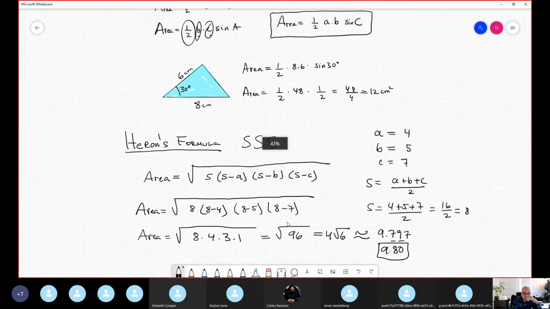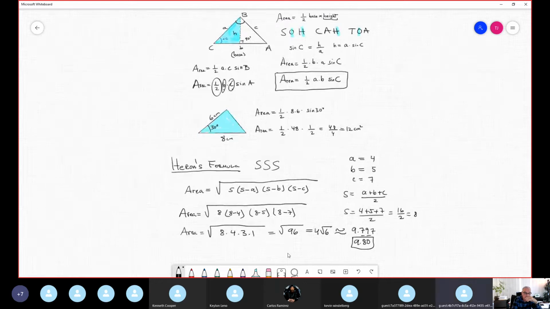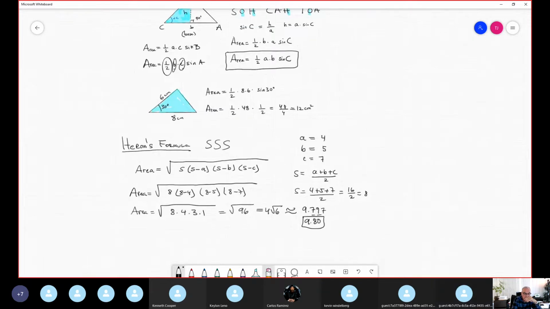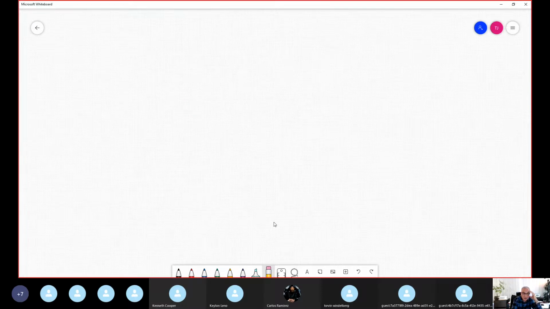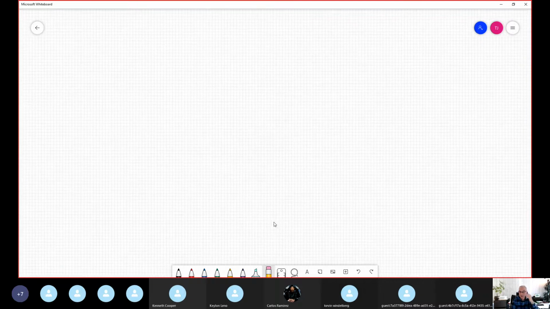Do you understand the formula for the area? It's clear? Yes. Okay. Now, another application of trigonometry. Remember, this chapter 3 and chapter 4 is application. The things we cover in chapter 1 and chapter 2 are applied.